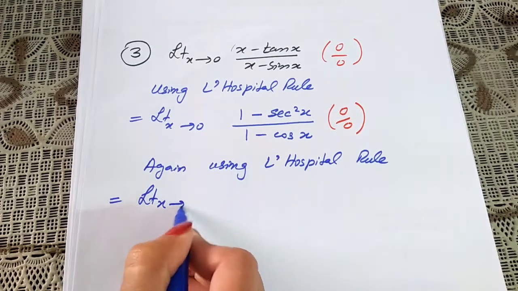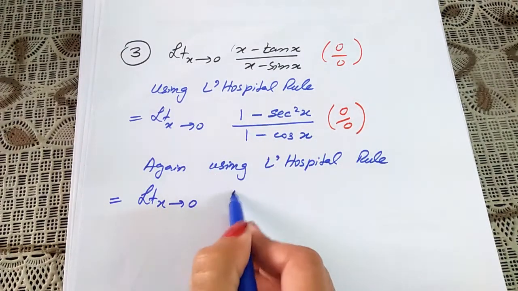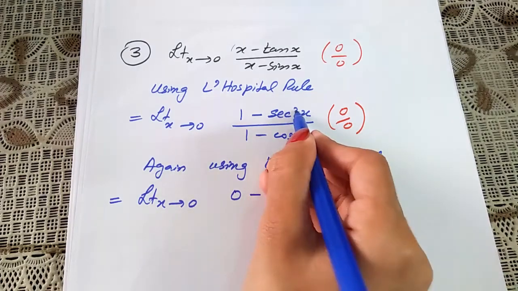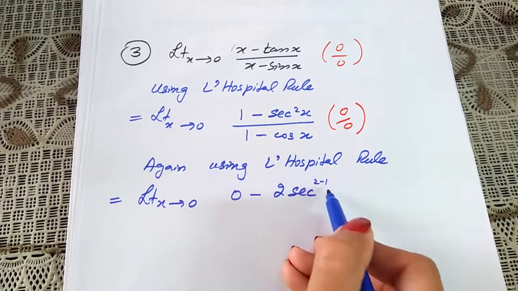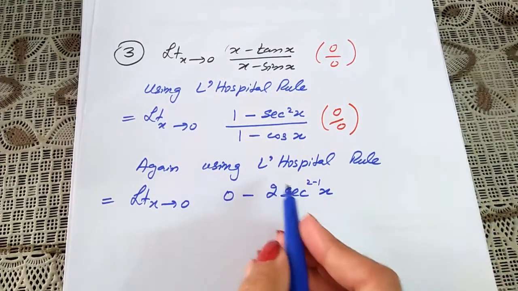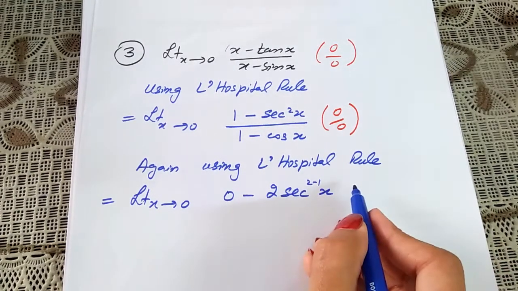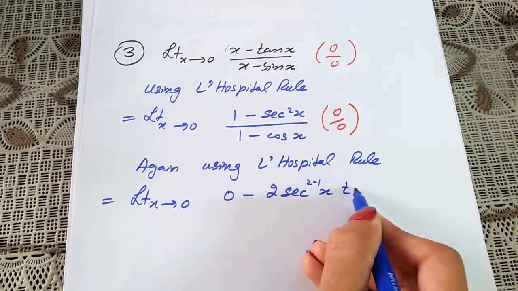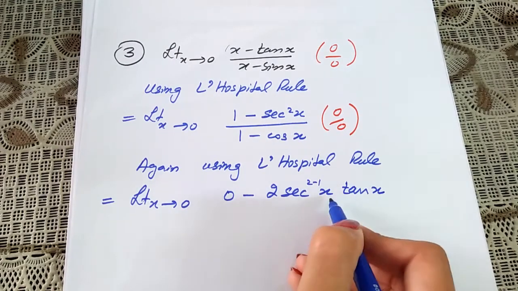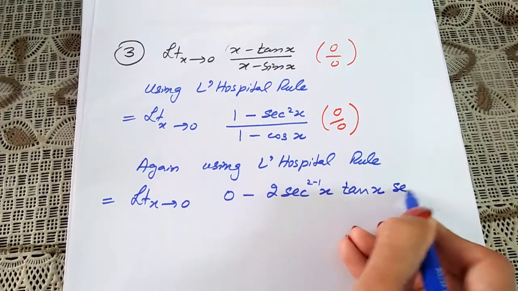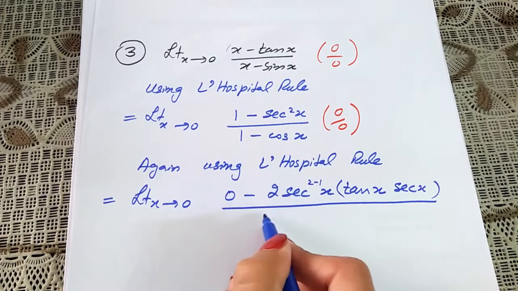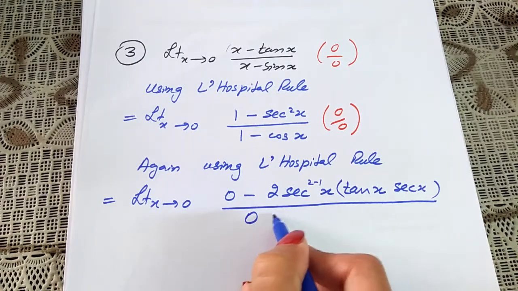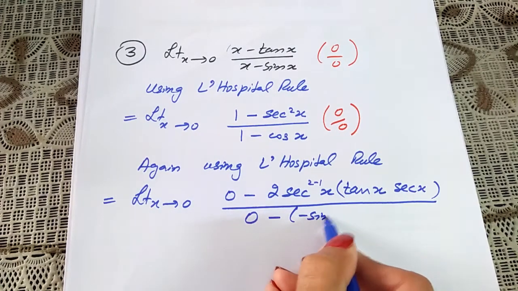limit x approaches to 0, derivative 1 will be 0 minus power down, power minus 1, then derivative without power. Derivative of secant x will be secant x tan x. Divided by derivative 1 is 0, cos x is minus sine of x.